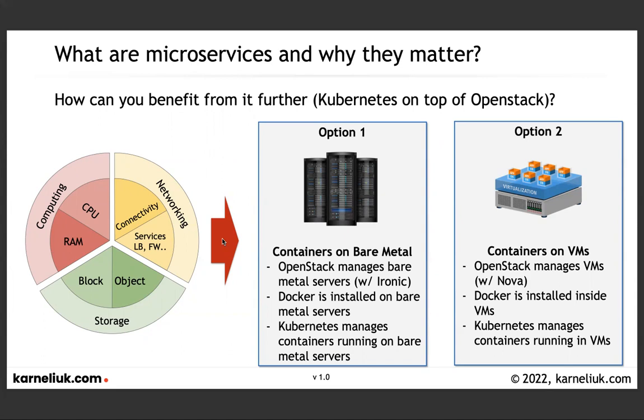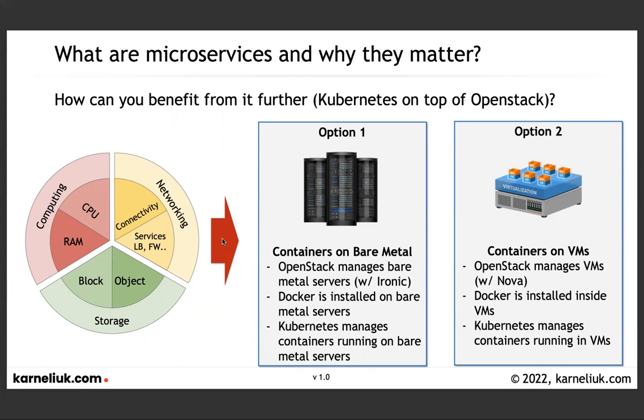You could deploy containers directly on bare metal servers, or you could deploy the containers on VMs. The benefit of deploying the containers directly on bare metal is that you don't have an extra layer of middleware, but you need to somehow manage the provisioning of the servers and the installation of the operating system. You could do that with OpenStack Ironic.